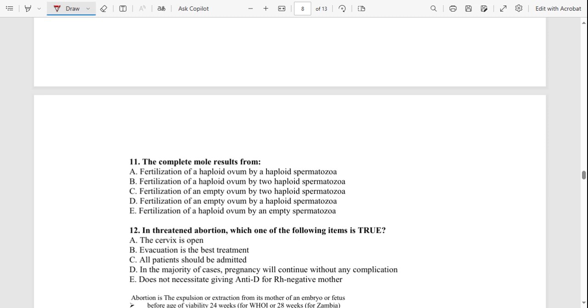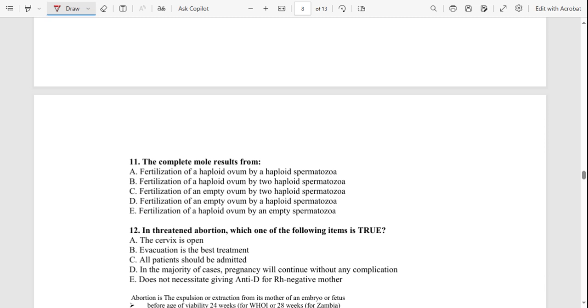So when we look at a complete mole and an incomplete mole, we are going to be comparing the egg and what is fertilizing those eggs. For example, in a complete mole, also known as the complete hydatidiform mole, you have an empty egg, so you basically have no maternal chromosomes.